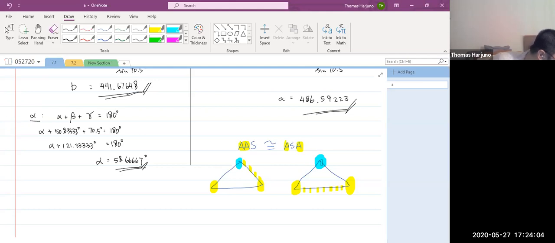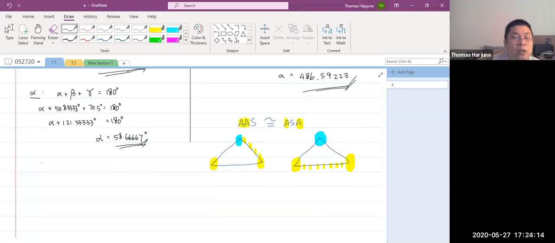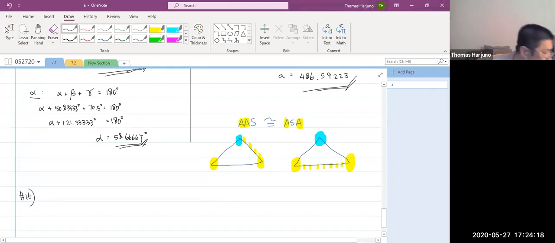Okay? Now, the more difficult situation is when we have two sides and one angle. Let's say, for example, we do number 16. Number 16, we have angle gamma. So alpha is unknown, beta is unknown, angle gamma is known to be 73.01 degrees.